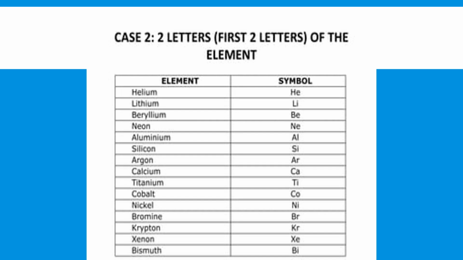And when two letters are used as a symbol of the element, the first letter is capital and the second letter is always a small letter. That you have to remember. Now, as I told, for a few elements, the first two letters of their name is the symbol of that element. For example, here we see helium He, cobalt Co, bromine Br, neon Ne, and so on.